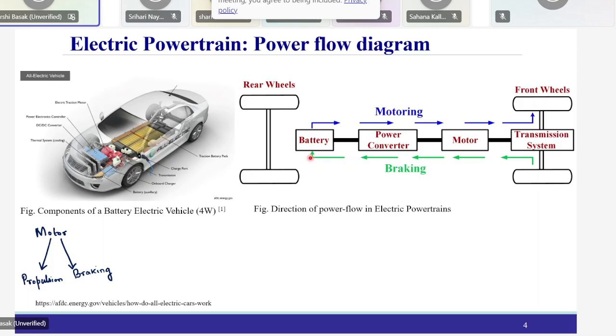So if there is a regenerative braking system available, it can help in braking, and it will transfer some portion of the power back to the battery.